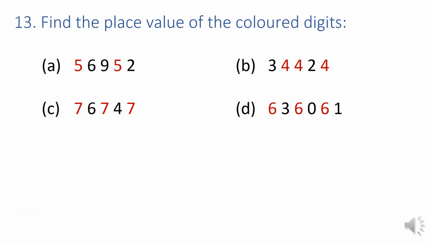Our 13th question is find the place value of the colored digits. Some numbers are given. In those numbers, some digits are colored. Our question is write the place value of the colored digits.